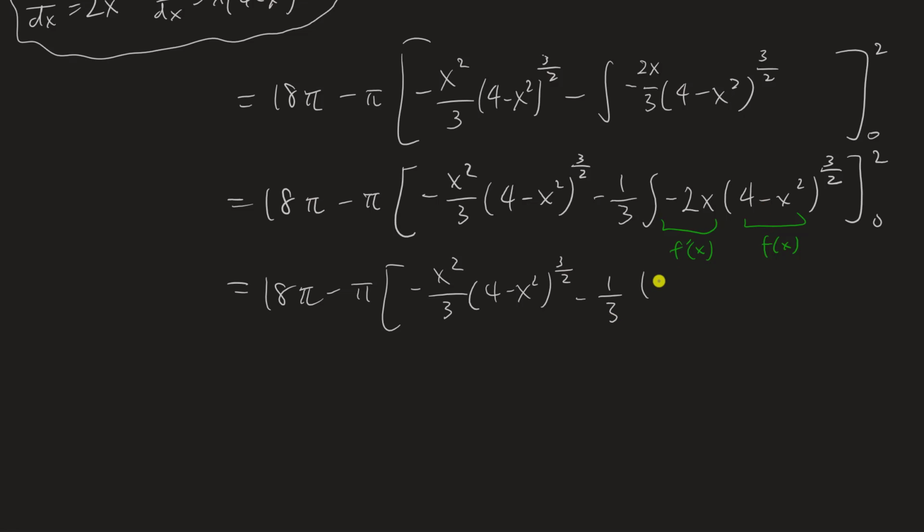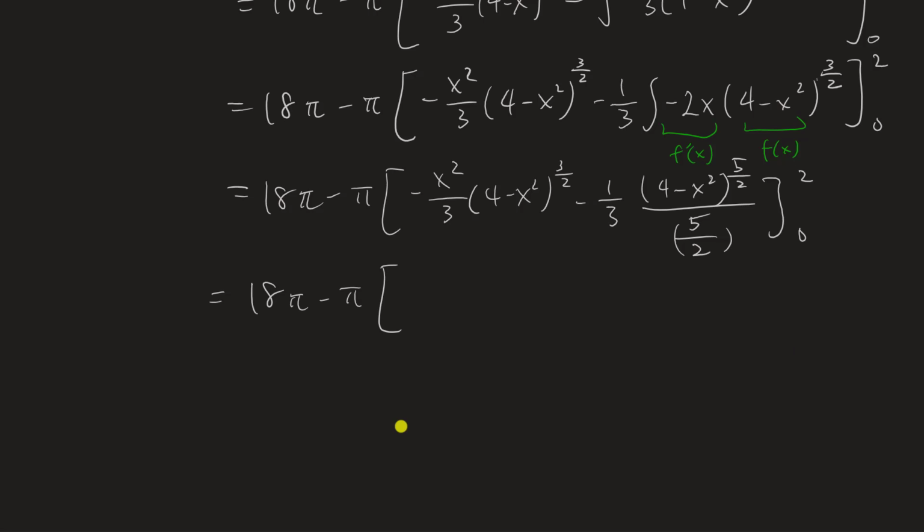This will just become (4 minus x squared) to the power of new power plus 1, 5 over 2, divided by 5 over 2. 0 to 2 boundaries. Simplifying this, 1/3 and 5 over 2 will give us 2 over 15. Sub in 2, I will get negative 4 over 3 minus 0.